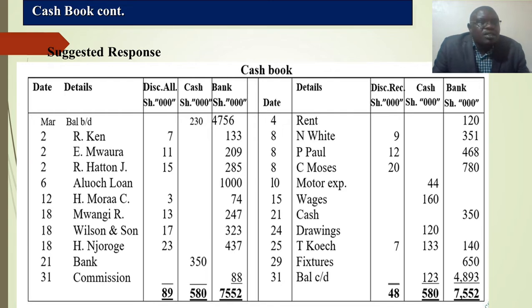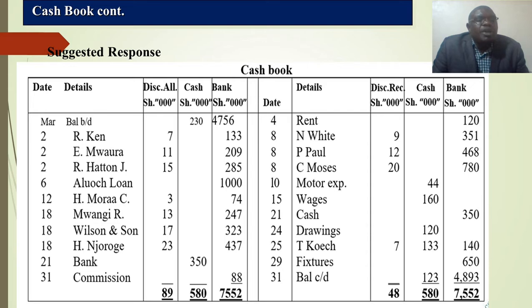So on the debit side, we have transactions which brought in money, and this is the side where we have the column for discount allowed. Discount allowed means you are receiving payment, and you are allowing your clients to deduct some discount.